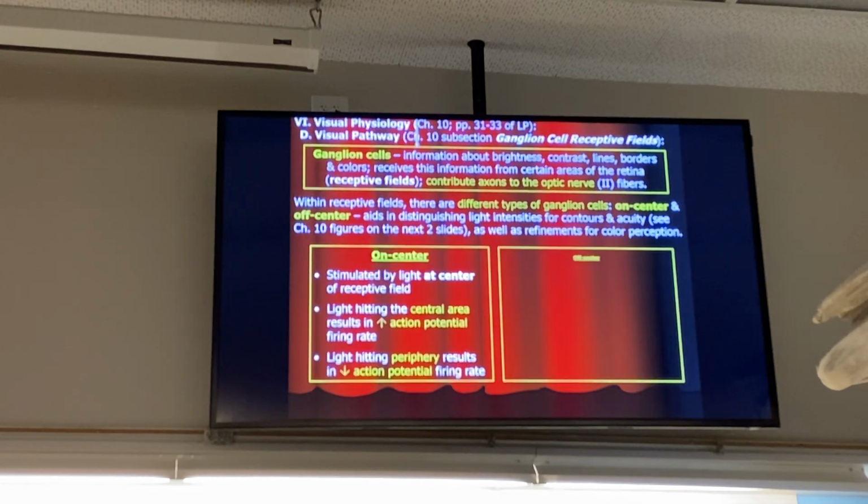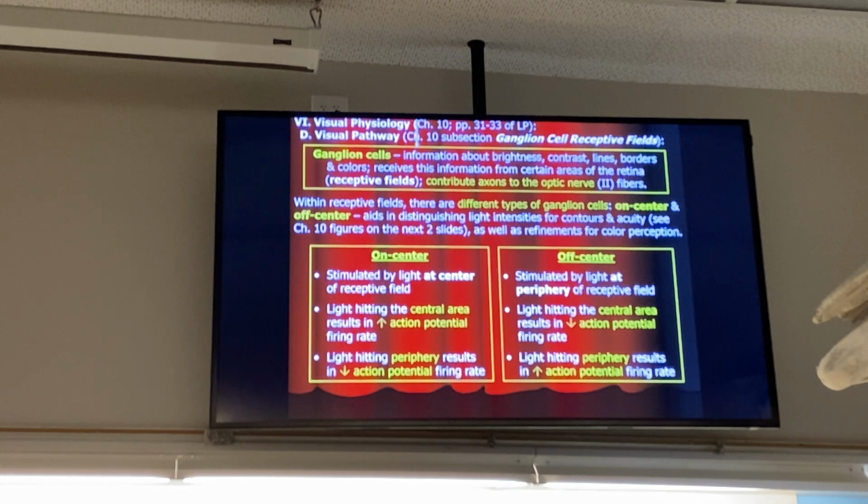But where you have convergence, you're going to have these things called receptive fields. Outside the fovea centralis, you have two types of ganglion cells, on center and off center. They are completely paired and opposite. So what are you going to do? Learn one. Just learn one and know the name of the other, and know that it's opposite.